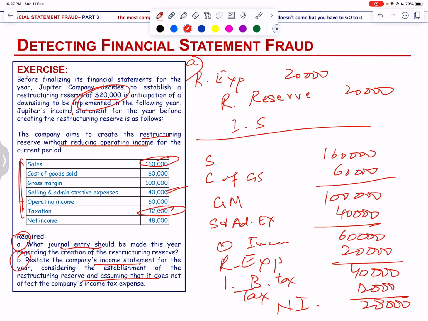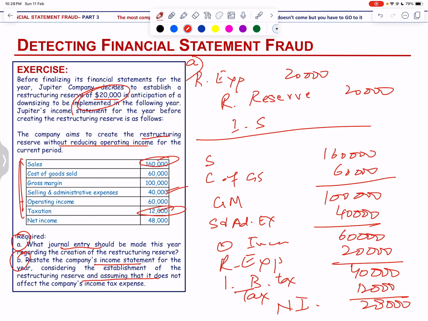By creating a reserve for future expenses, such as restructuring cost, the company can artificially reduce its current period's net income, and this manipulation can serve various purposes such as meeting earnings targets, smoothing of the income trends, or managing investors' expectations. Others may be cookie jar reserves, income smoothing, misrepresentation of financial position.